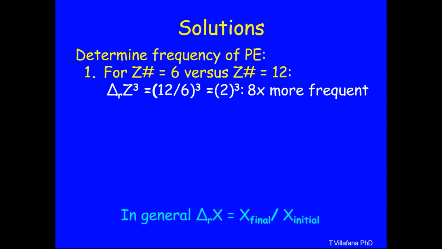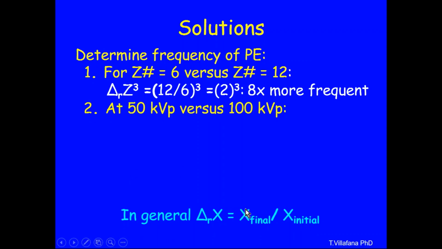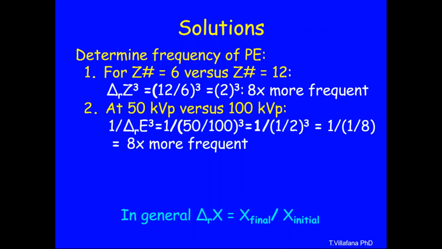An atomic number 12 will give us 8 times more frequent interactions, using that little ratio down at the bottom of the slide. What if you compare 50 kV and you go up to 100? Well, you get 50 over 100 cubed, but it's in the denominator. So now you get 1 over 1/8, or clearing that fraction in the denominator, you get 8 times more frequent.